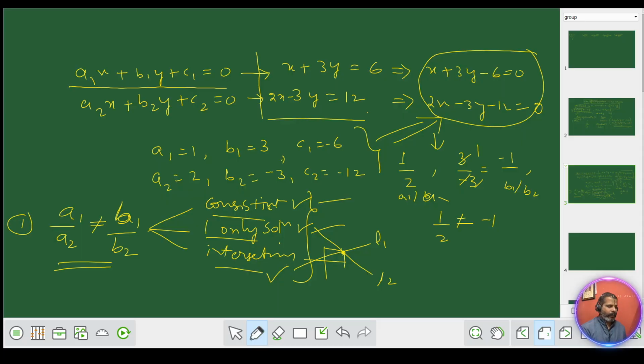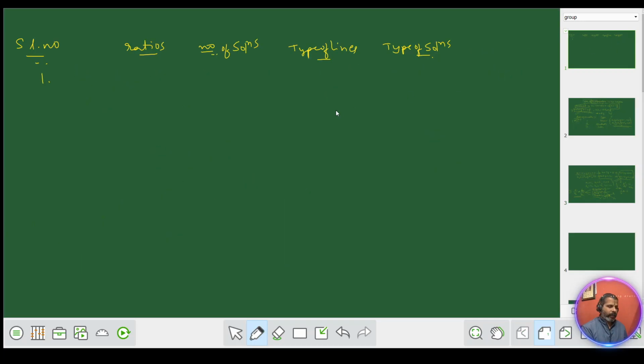Let's write that here. If a1 by a2 is not equal to b1 by b2, how many solutions will they have? Only one solution. What is the type of lines here? Intersecting lines, right?